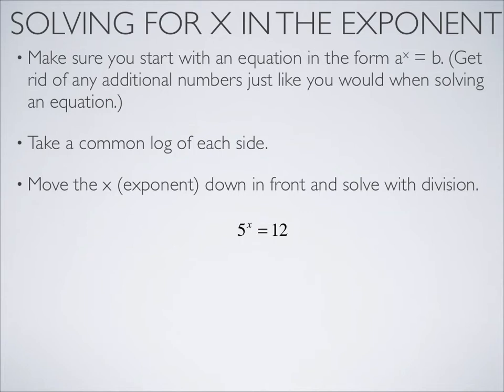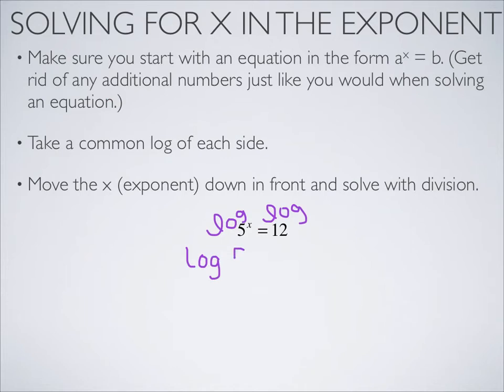So with a problem like this one, I've got it all cleaned up. Okay, so it's just a number to the power of x equals another number. I'm going to take a common log over here and a common log over here. So when I write that out nicely, it's going to look like this.